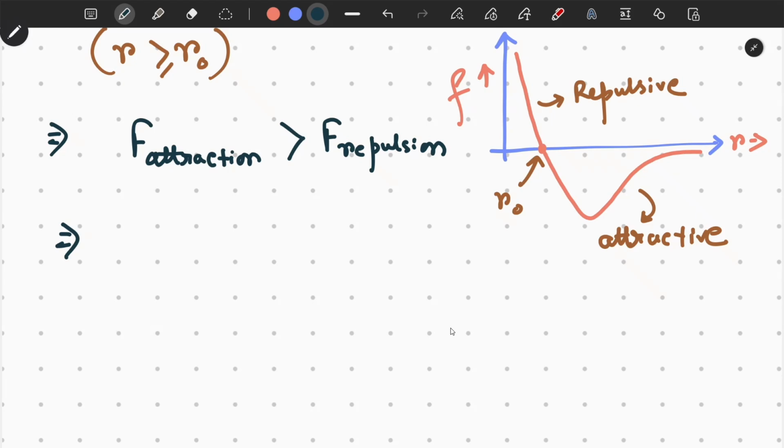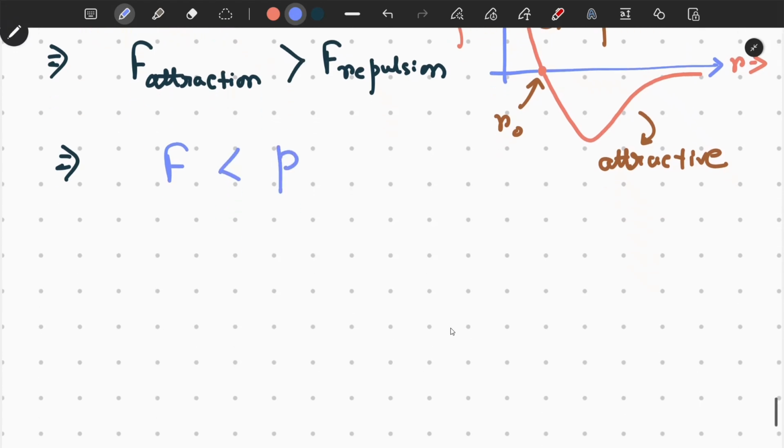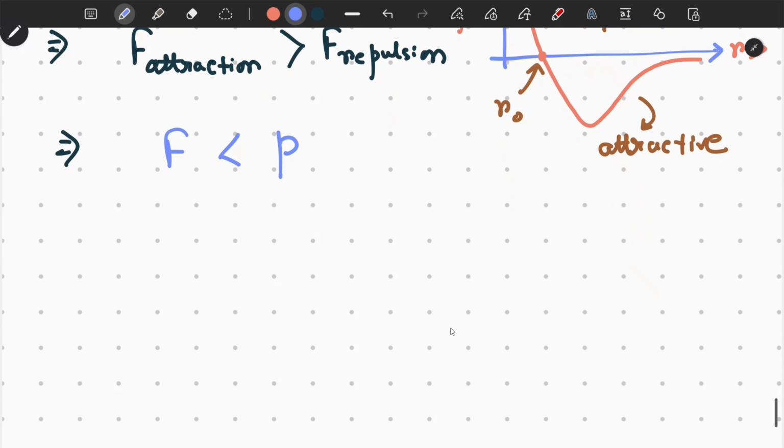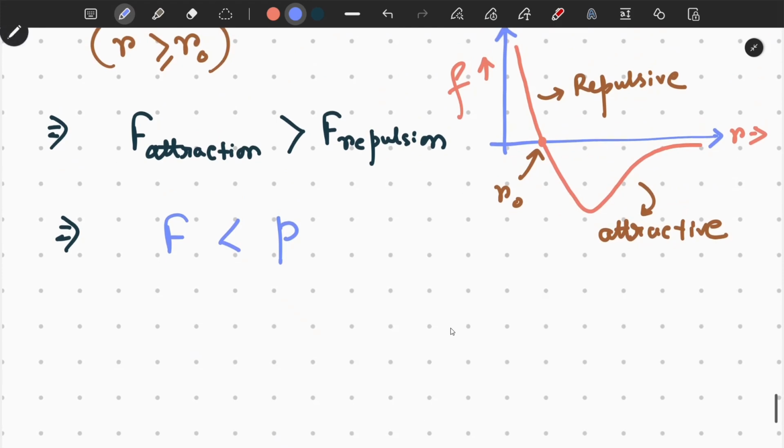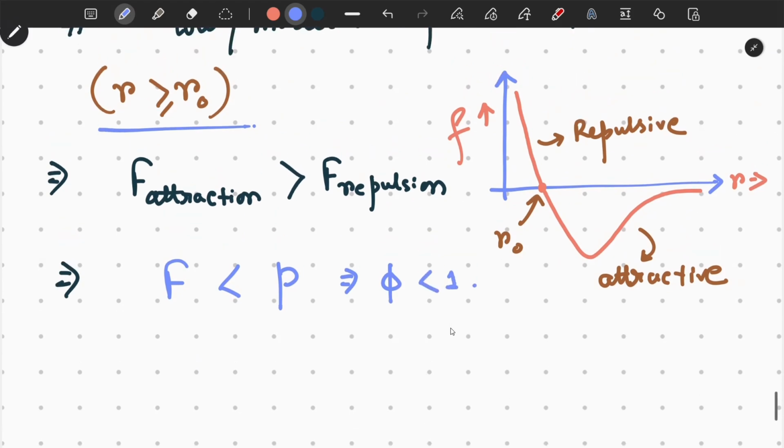In that case, it will be the same. But if the attraction is greater than repulsion, the fugacity will be less than the pressure, for the low or moderate pressure region. So phi will always be less than 1, as long as R is greater than R0.